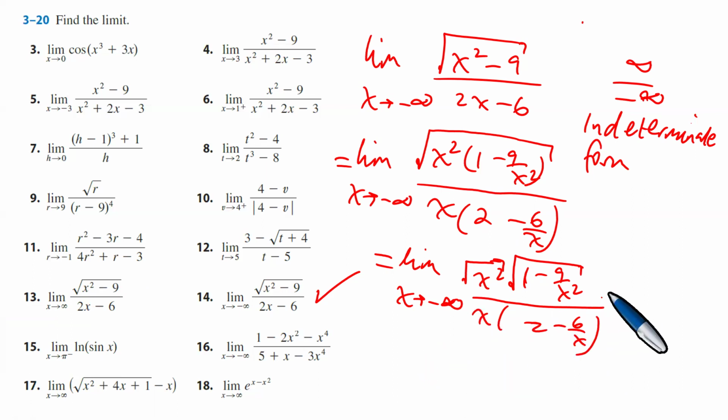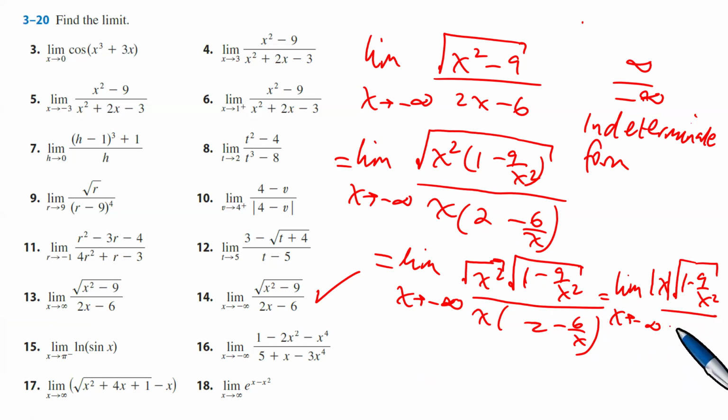So at this point, we have the limit as x approaches minus infinity of the square root of 1 minus 9 over x squared times the absolute value of x, divided by x times 2 minus 6 over x. As x approaches minus infinity, the absolute value of a negative number is going to be minus x.